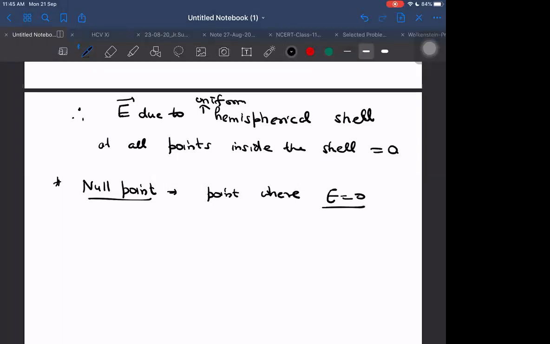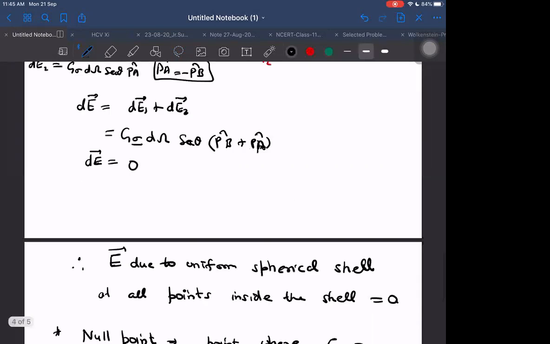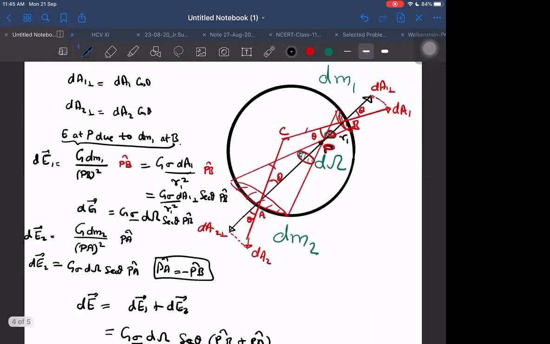Wait a second, why am I calling it hemispherical? It was spherical, not hemispherical. This is a uniform spherical shell. For a hemispherical shell, obviously it is not valid. For a spherical shell, all the points are inside, and only then are we able to cancel from both sides.